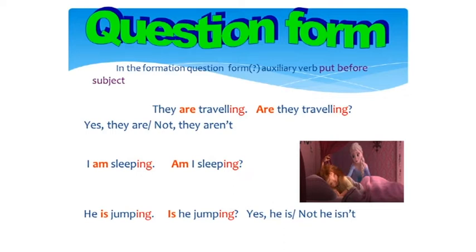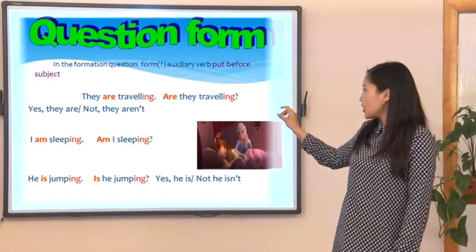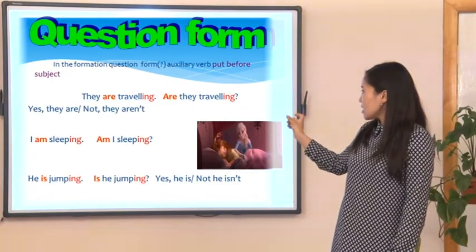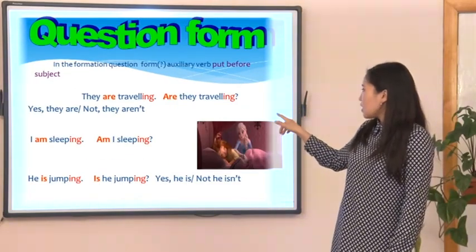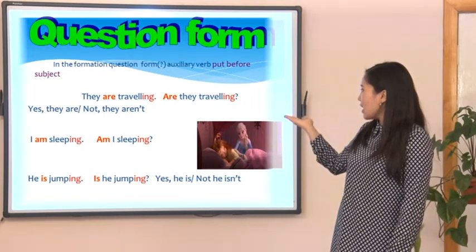How can we answer? If yes, yes, they are. If not, they aren't. Next, I am sleeping. Here we have positive form. Then next one we have question form. We change our subject before and we make am I sleeping?